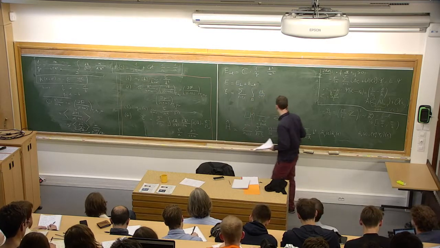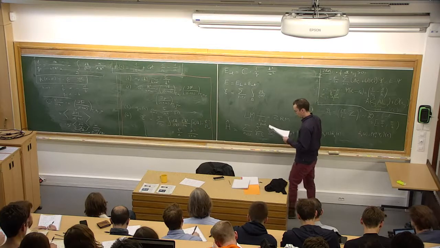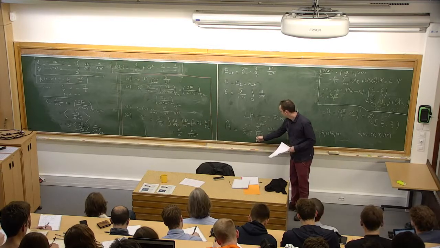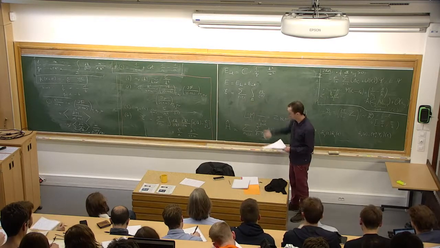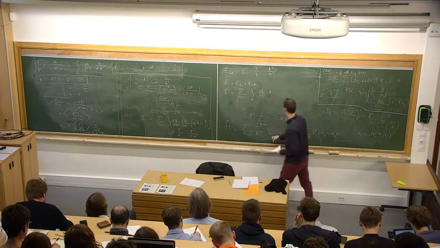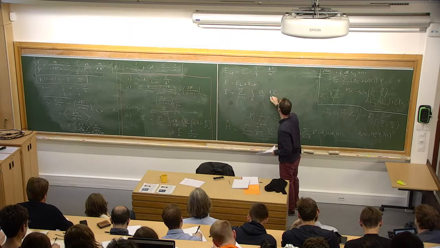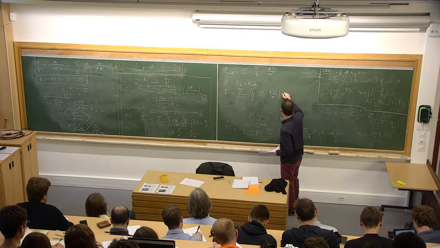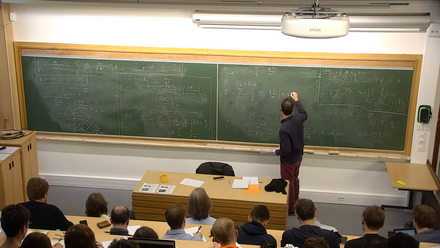I mean, it's the expectation value of this thing, right? And I took the thermodynamic limit, so therefore, instead of a sum over k here, I have an integral over the Brillouin zone. And then here I have h bar squared k squared over 2m, and I have n sigma of k.